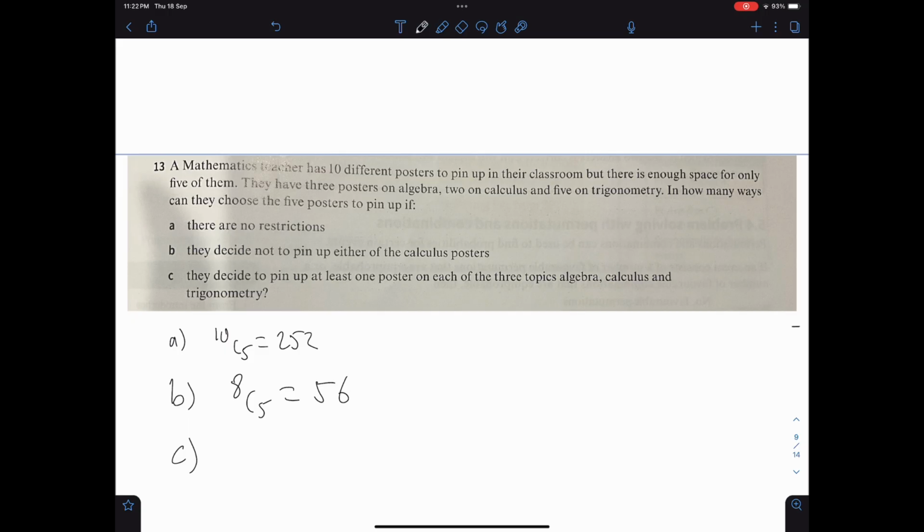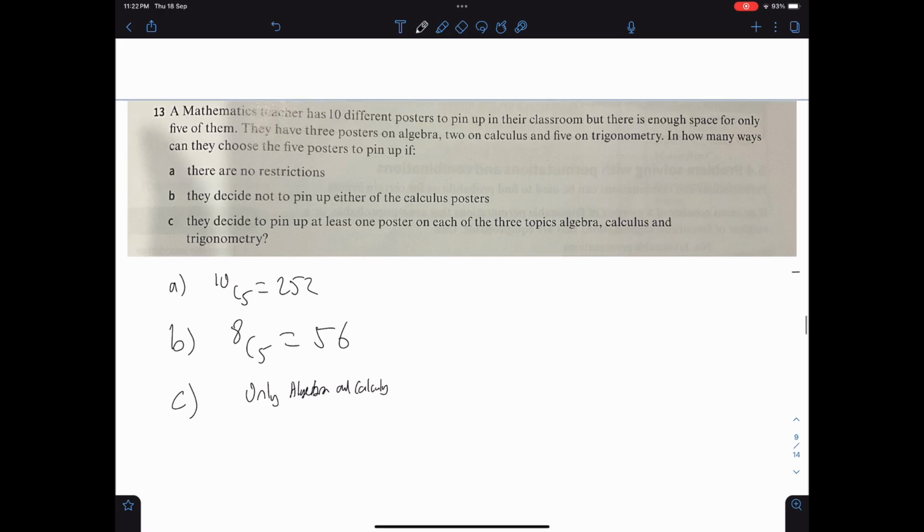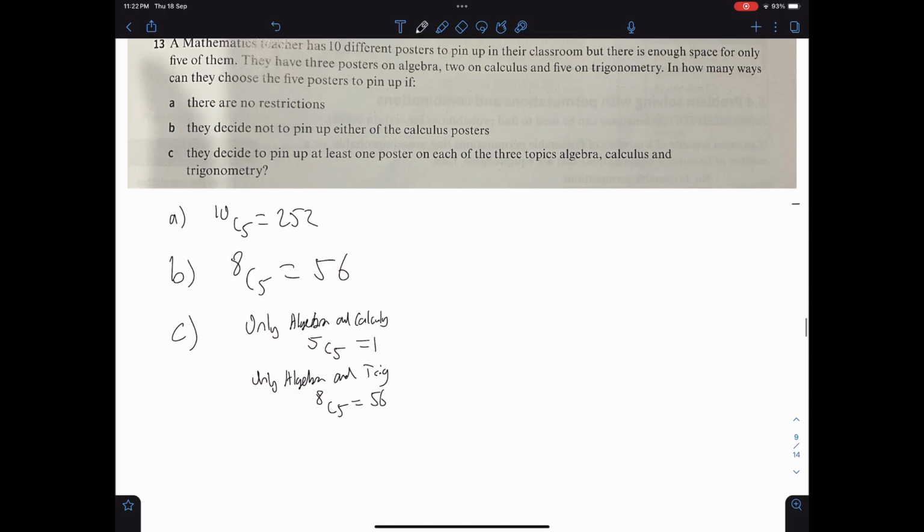So you could have only trig, so then you've got 5 choose 5, and that's 1. Only algebra and trig. That's 8 choose 5, which is 56.